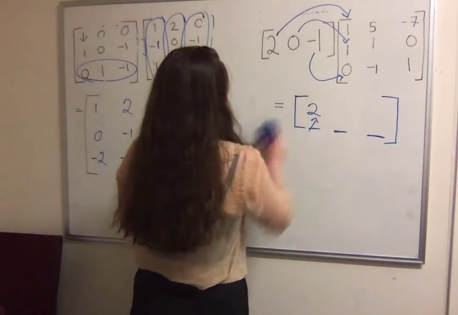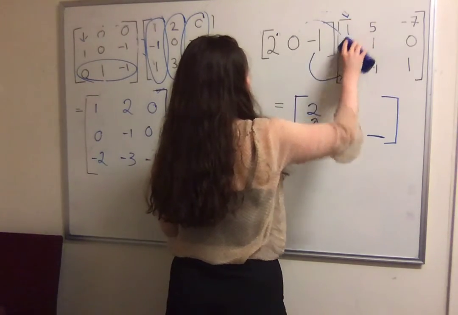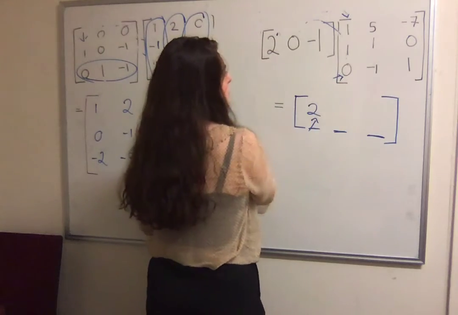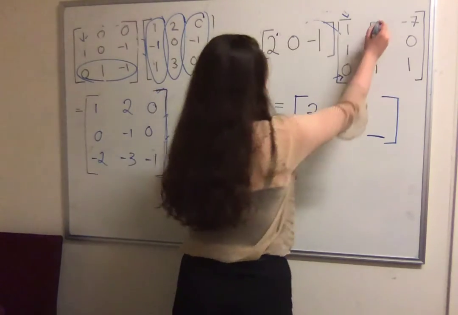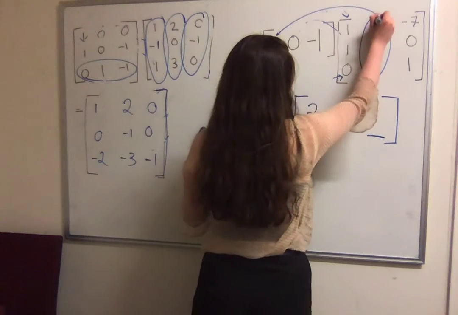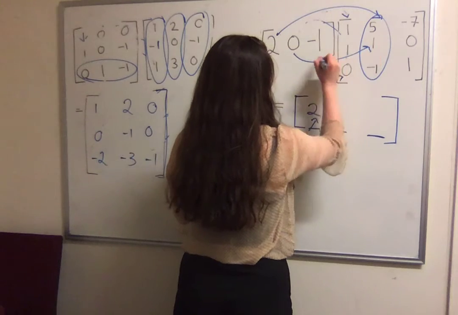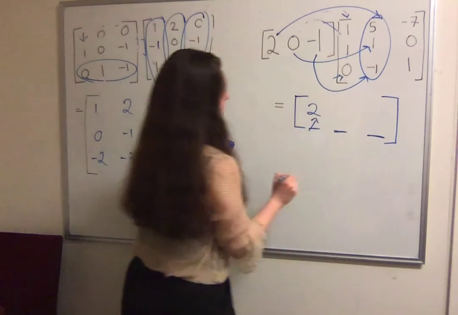Next, we want to do this row matrix again, so this first row here, and we want to multiply it by the second column. So likewise, it'll be 2 times 5 plus 0 times 1 plus negative 1 times negative 1.